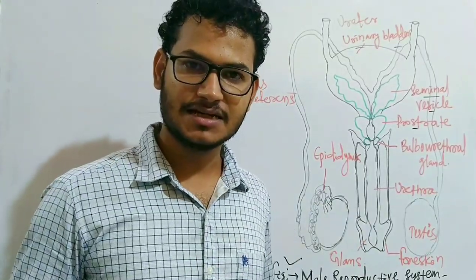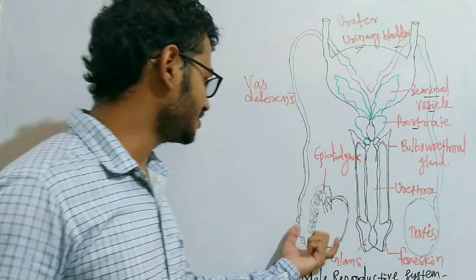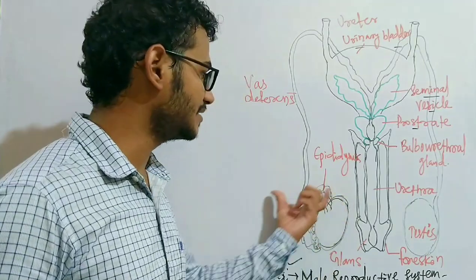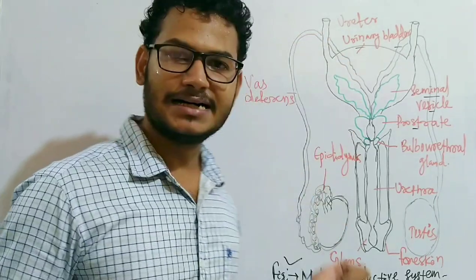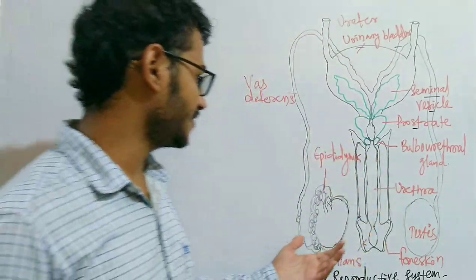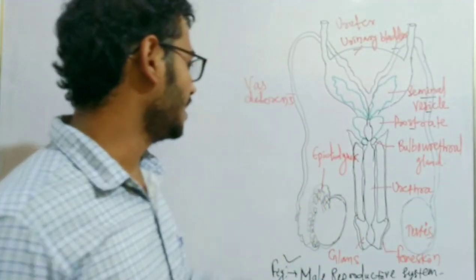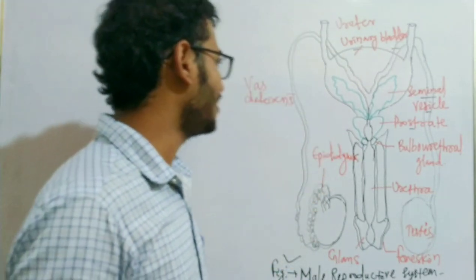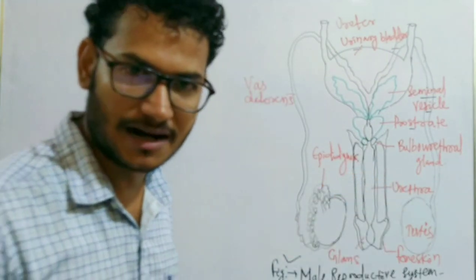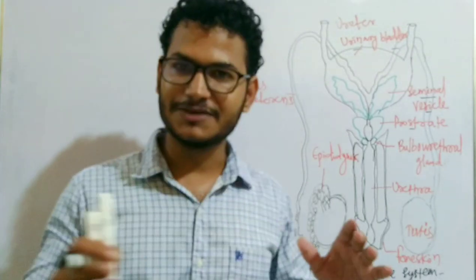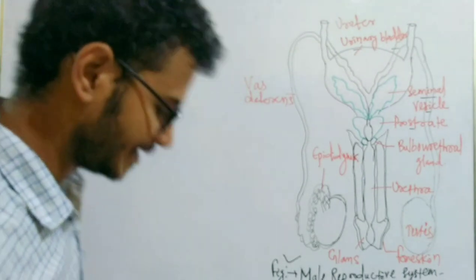In my previous session, the male reproductive system part 1, we discussed the structure of the testes and different ducts associated with the testes: starting from the seminiferous tubules to the vas deferens, how the sperm are formed in the seminiferous tubules, become motile, active and viable in the epididymis, and then come out through the vas deferens into the abdominal cavity and outside through the urethra. So let's discuss the different glands associated with this structure in detail.